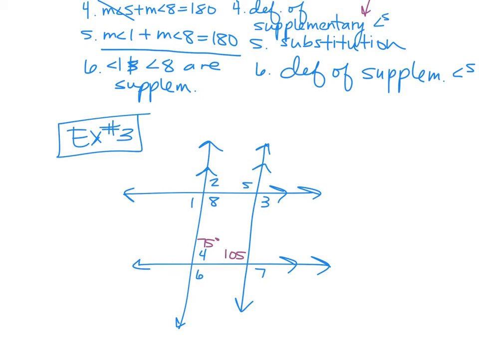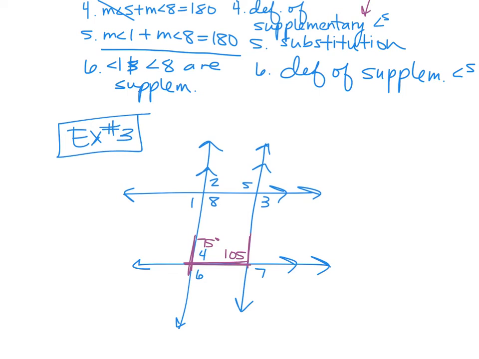What kind of angles are those? Supplementary, which is what name? It's not a linear pair. Those are same side interiors, right? Because here are your parallel lines, here's your transversal. They're on the same side of the transversal inside the parallel lines. Okay? So those are same side interiors.